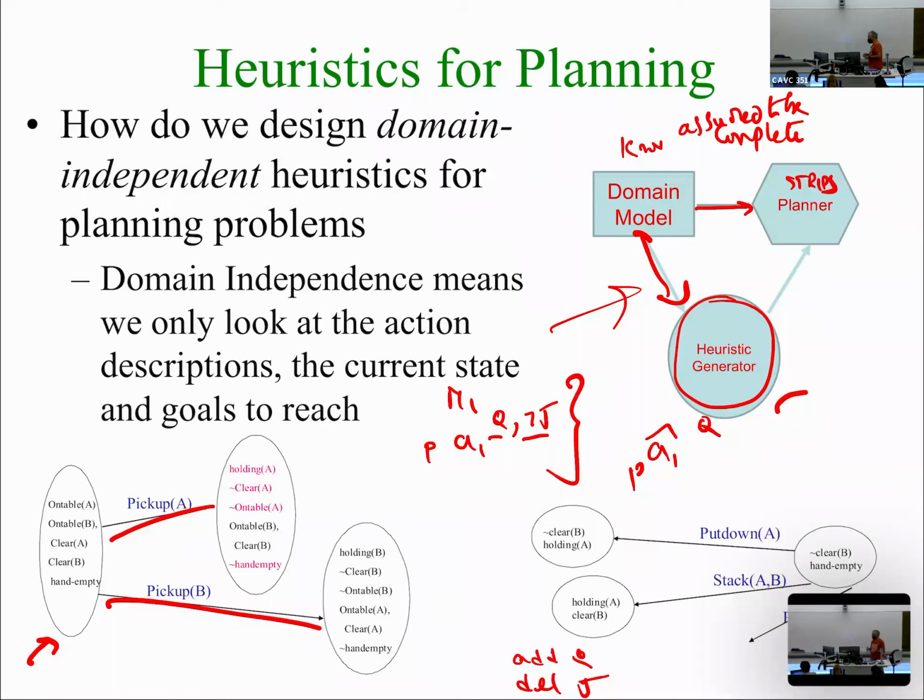Those of you who remember non-monotonic logics and probabilistic reasoning know that in normal monotonic logic, truth can only go one direction. Once you prove it to be true, you add more and more axioms, it doesn't become false.